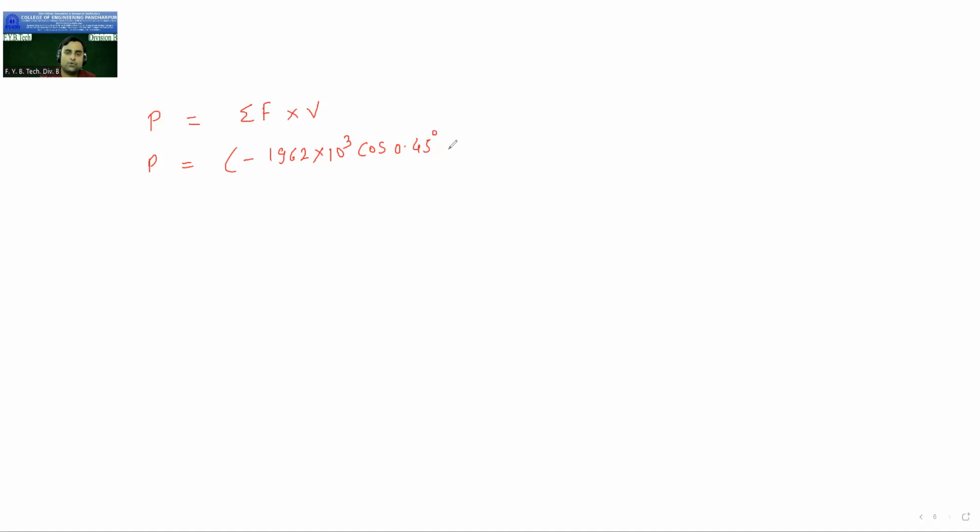Okay, this is the first force. Again minus, sir, there it is sine. Correct. Okay. So here sine of 0.45 minus 20 into 10 raised to 3, and you multiply this by velocity.